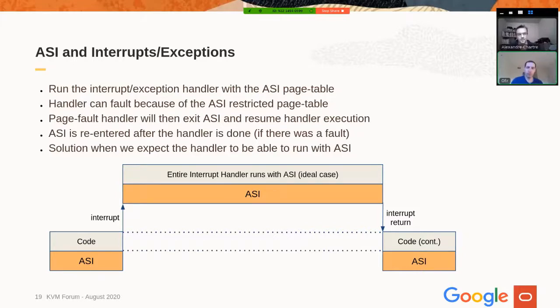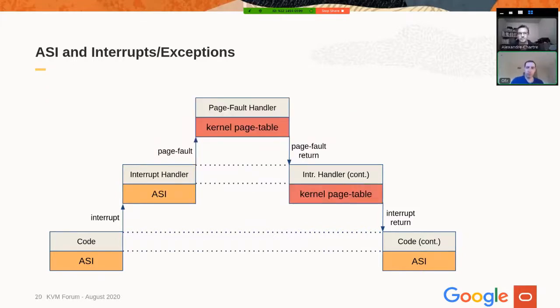Most of the time, what is going to happen is this situation where we've got some code running, we've got an interrupt, we start processing the interrupt with ASI, but at some point, because we don't have all the mapping, we are going to take a page fault in the ASI. So we go to the page fault handler. At this point, we switch to the kernel page table.